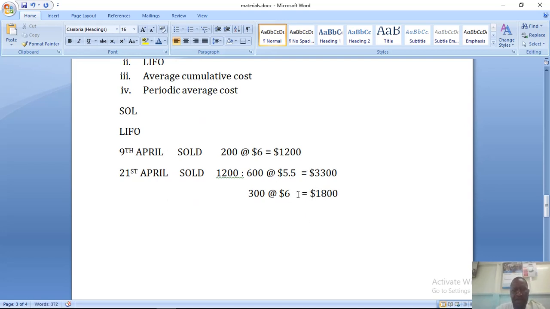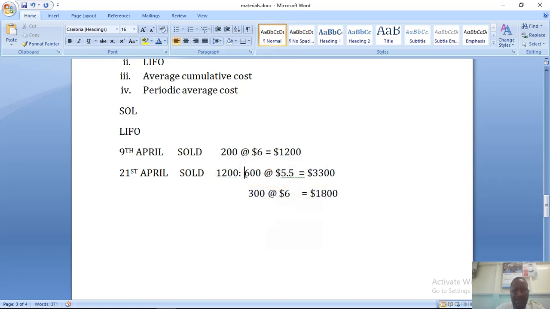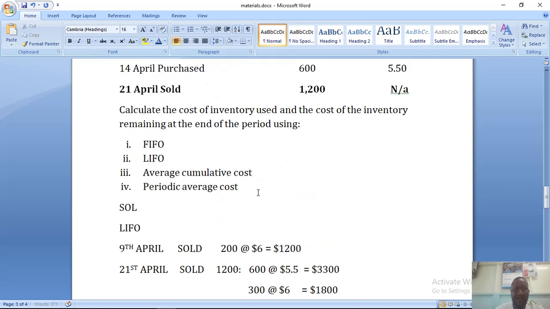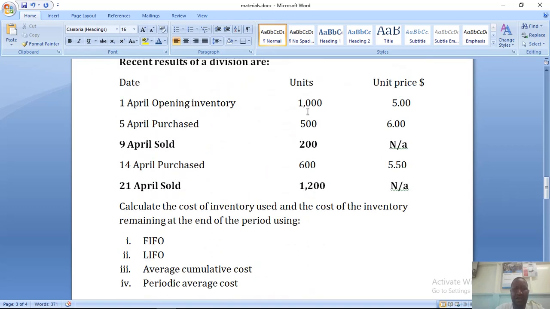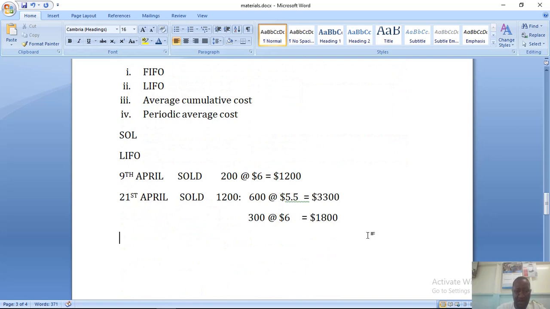The next one: when we issue 600 and 300, the total number of units issued so far is 900. We're still remaining with about 300 units that must be issued in order for us to complete the 1,200. So the 300 units that should be issued come from there. These units are gone. So at this stage, the latest that we have is from the 1,000 units. So we issue 300 units at that price.